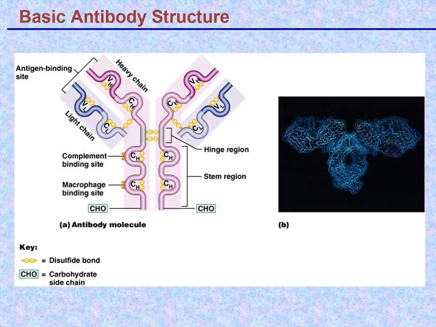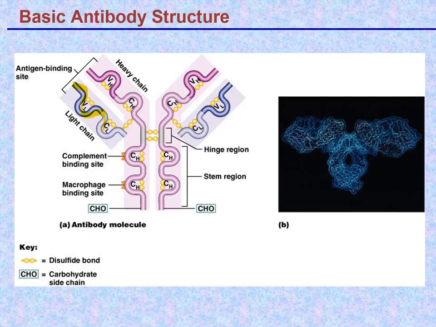This is a diagram of an antibody molecule. It's an artist's interpretation of the antibody molecule. This is a different kind of representation, which is computer generated. Suffice it to say, what you have are 4 polypeptide chains.